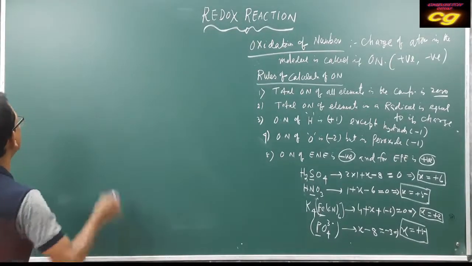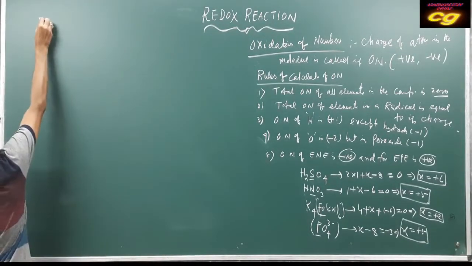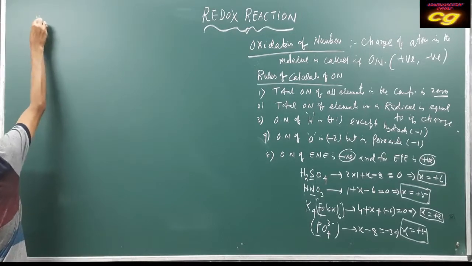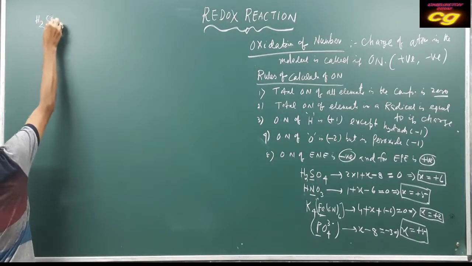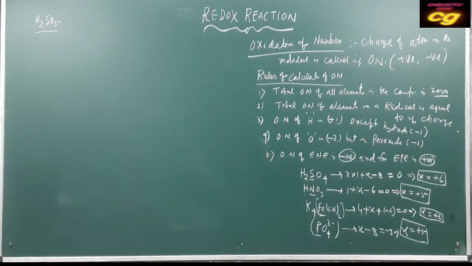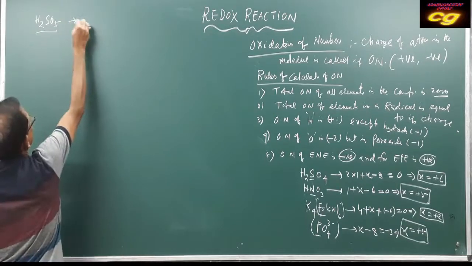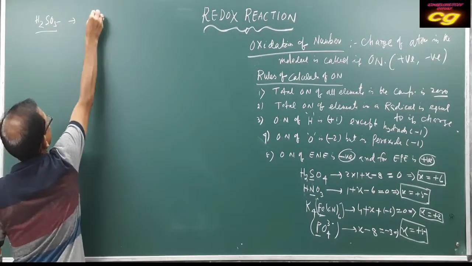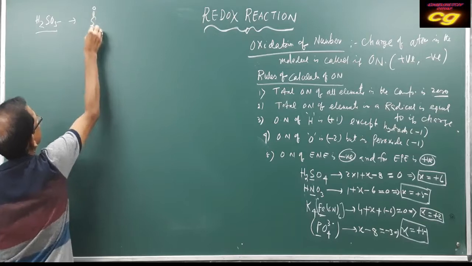Let us take H2SO5. This is called peroxomonosulfuric acid. If you draw the structure, the structure is like this.